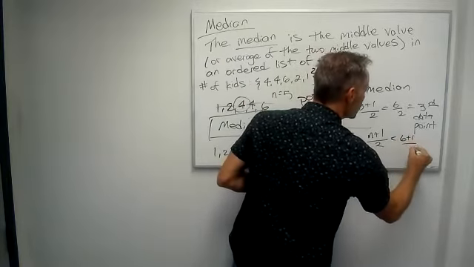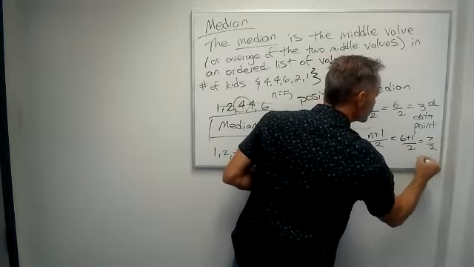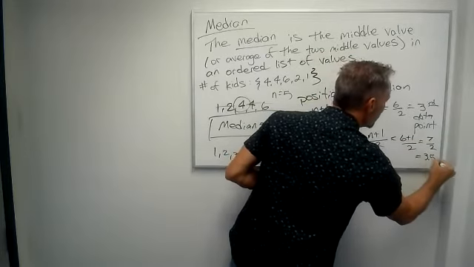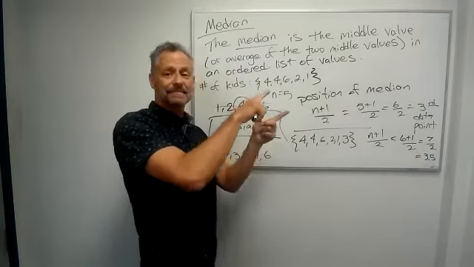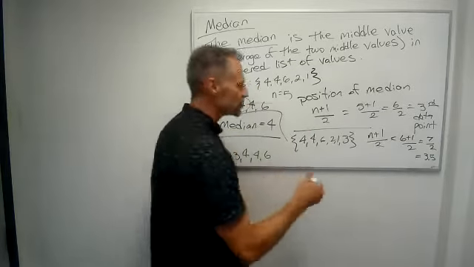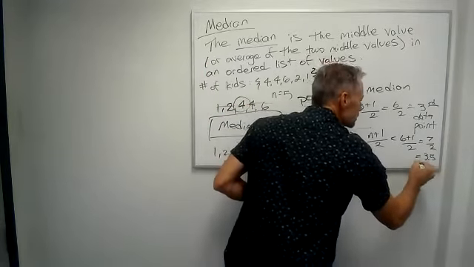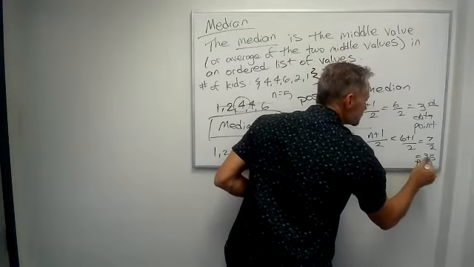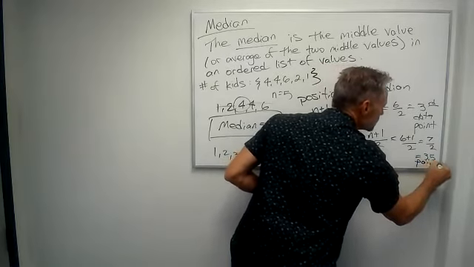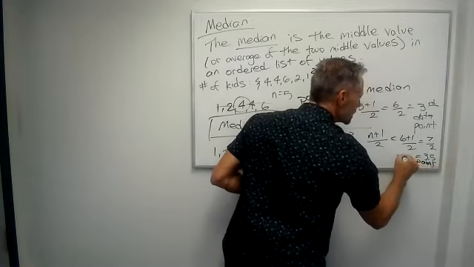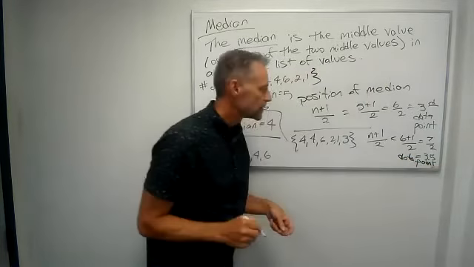Well, 6 plus 1 over 2 is 7 over 2, which is 3.5. Again, that's not the median, that's where it occurs. So it's in that place, that data point.